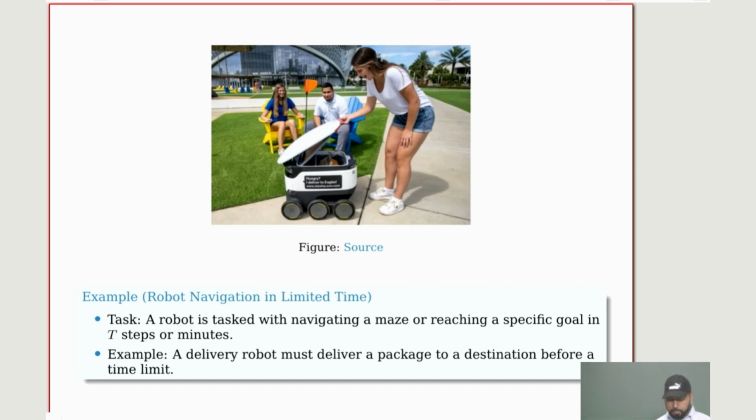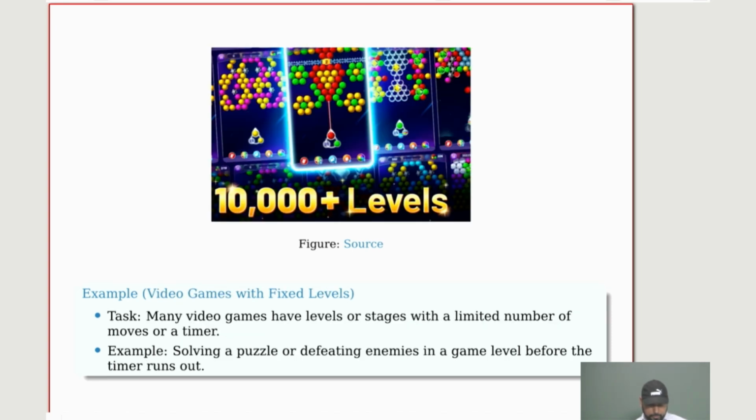The item has to be delivered. If it takes too long, it's essentially like the job is not done. So this could be a real life example.